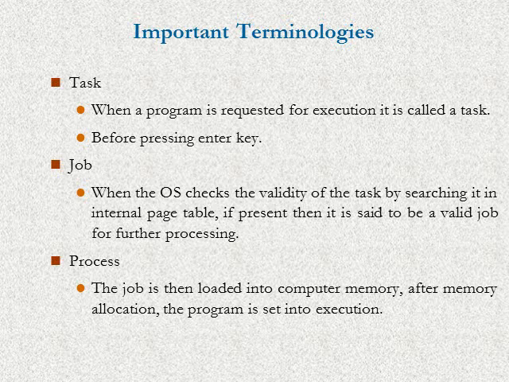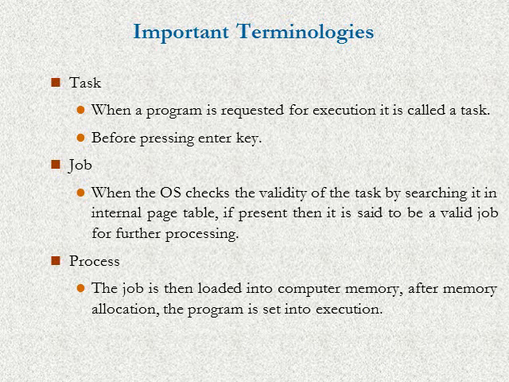The second important terminology is job. So when you actually double click on a program or you press the enter key, your operating system analyzes from the set of available tasks whether this job is a legitimate job or not.